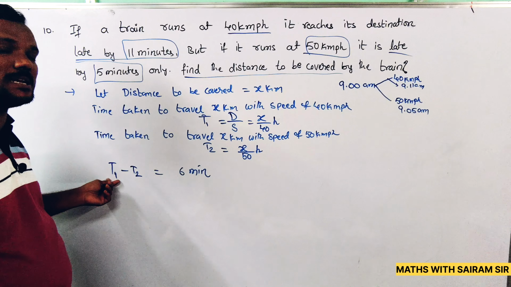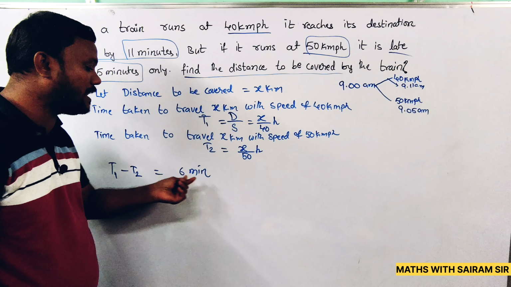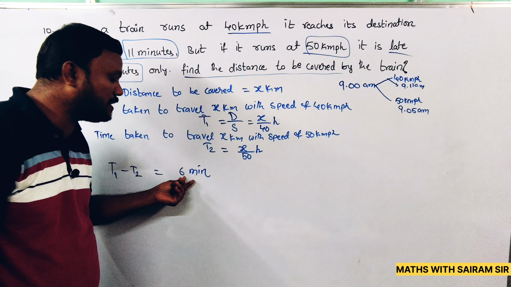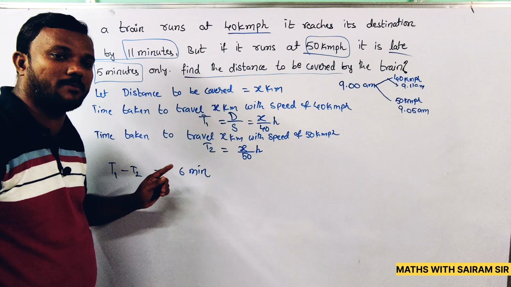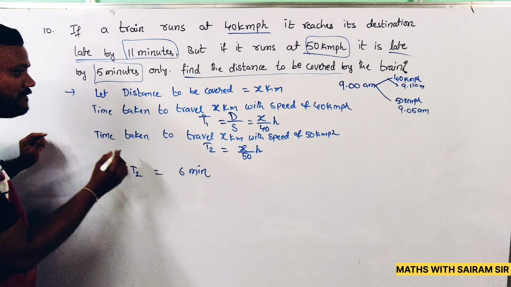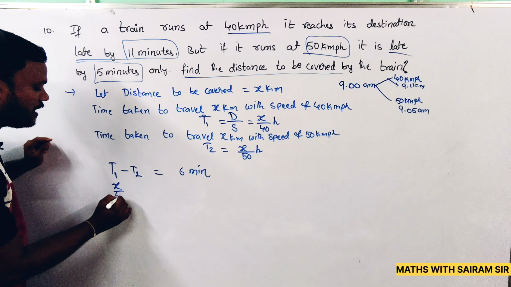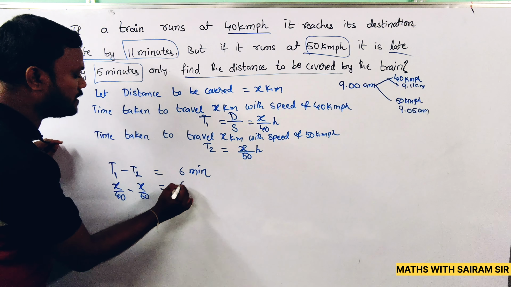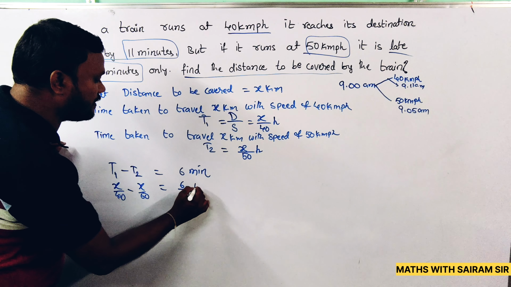Here, as time 1 and time 2 are in hours, the difference should also be taken in hours. So to convert this into hours, we divide by 60. Let us write: x by 40 minus x by 50 gives you 6 by 60 hours.